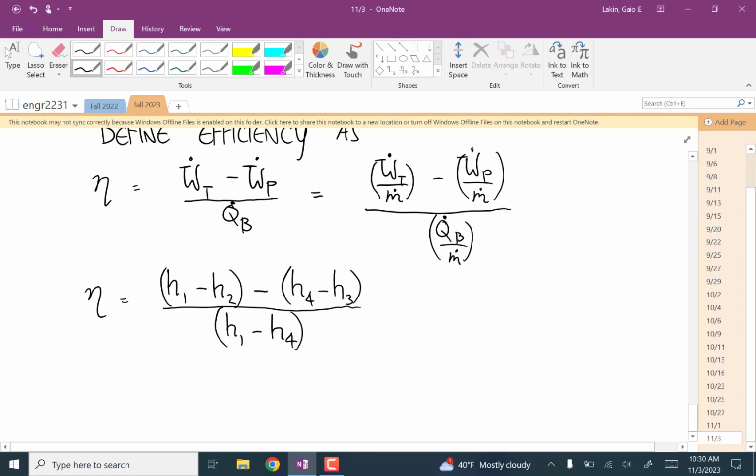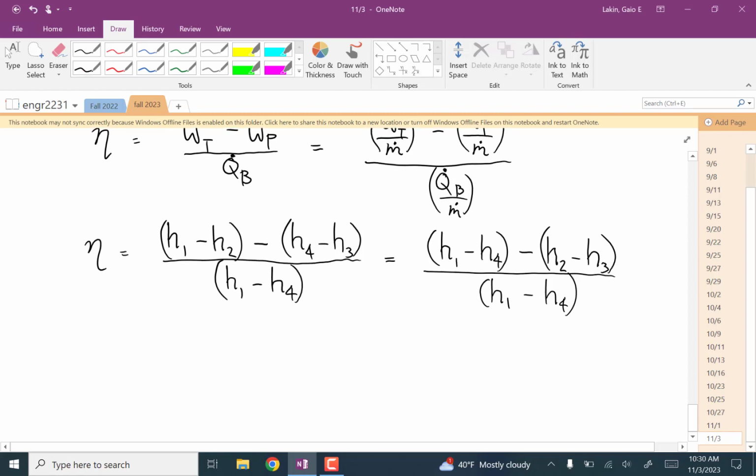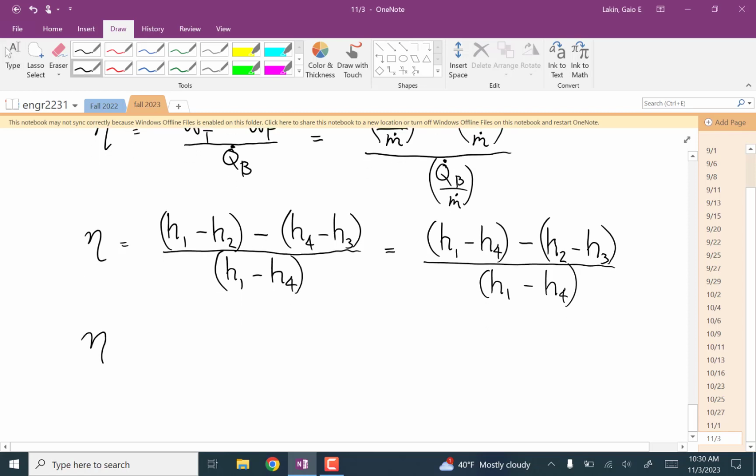And now you can rearrange this a little bit. I'm going to write this as H1 minus H4, minus H2 minus H3, all over H1 minus H4. And it's starting to take this form that we're sort of familiar with.